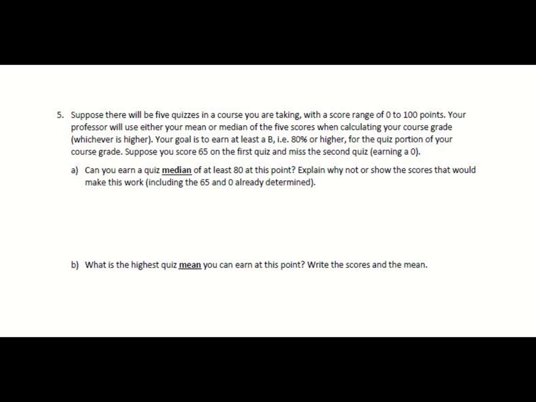So at this point, I have a 0 and I have a 65. If I want to earn at least an 80%, the minimum that I need to have on this is 80, right? So I can earn anything higher. I could earn 80s on the rest, I could earn 81s, anything higher on the other ones.